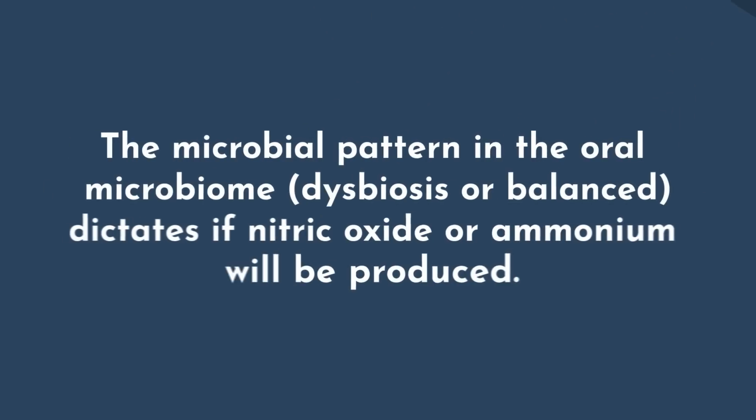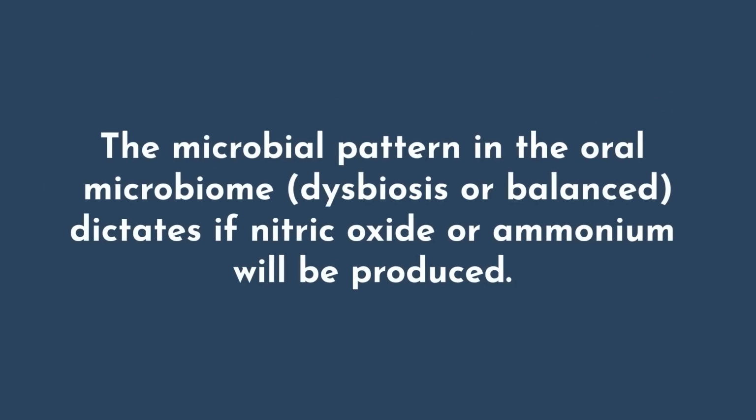Now, some people have certain groups of microbes that are not so balanced. When we expose those microbes to nitrates, instead of going through the nitric oxide production pathway, there's an alternative pathway that will produce ammonium instead, which is highly inflammatory. The determining factor between producing nitric oxide or ammonium from your oral microbes is dictated by the terrain conditions.